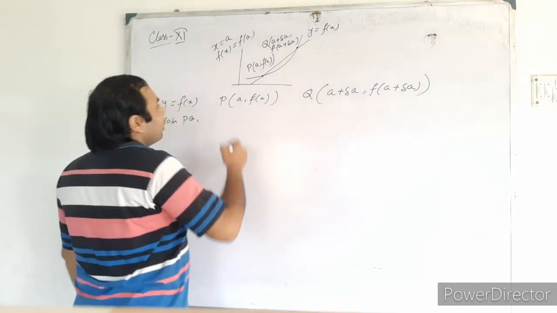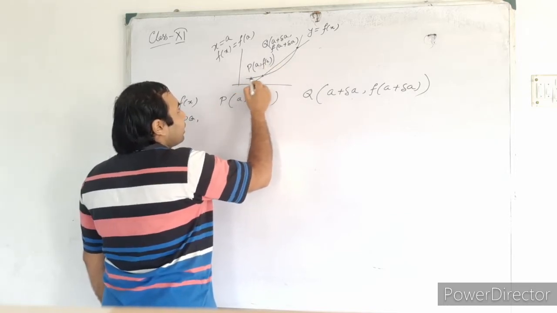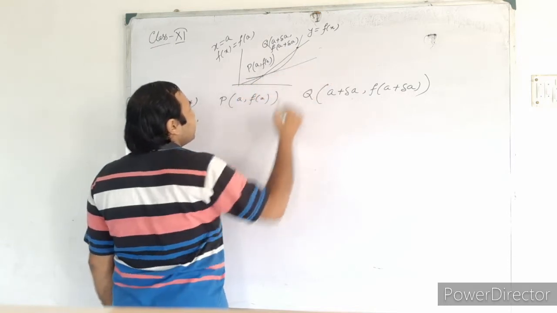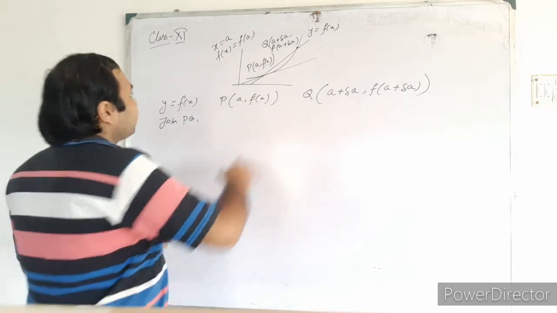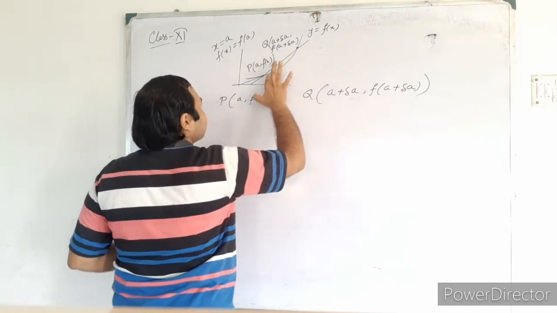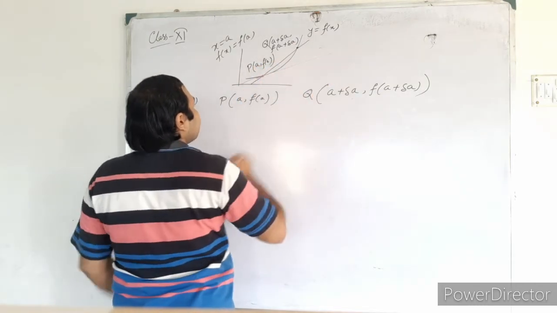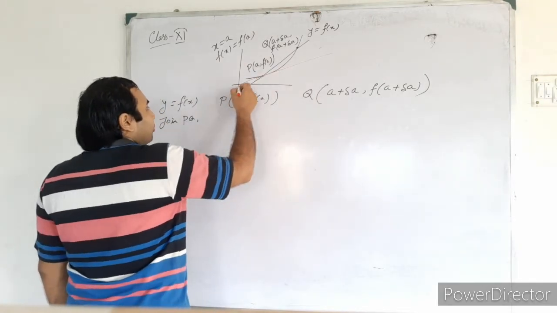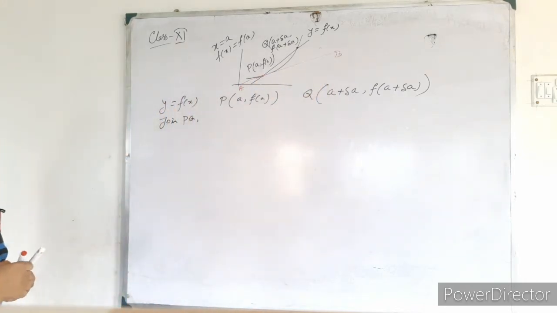Now let us draw a tangent of the curve at the point P, where P will be the point of contact. This is the tangent, and I am naming it AB. So AB is the tangent at P of the curve.